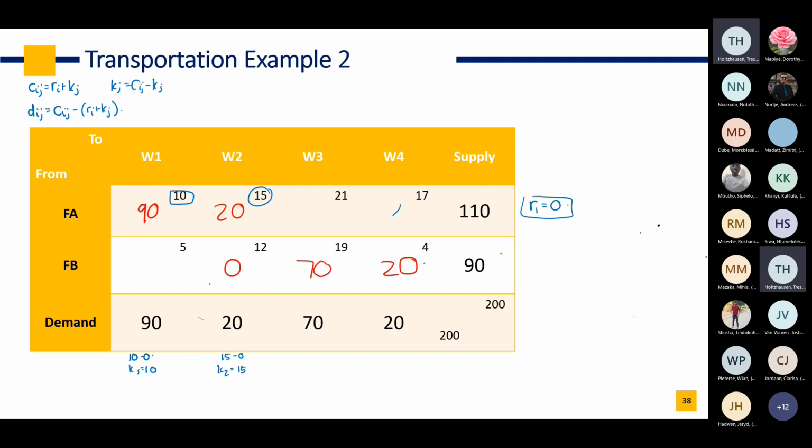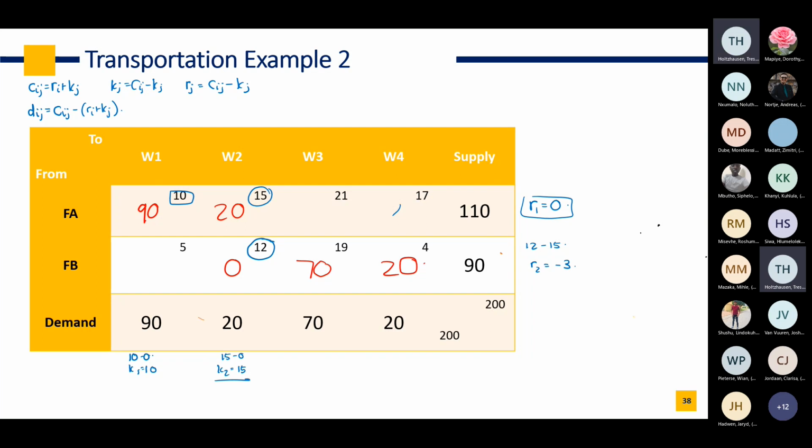We move down, and the fact that that 0 is there means it's a basic variable now, which means we do use it. So we can use that 12, and we can use that K to work out that R. So we have R, the subject of the formula, is Cij minus Kj. So that is 12 minus 15, and that's going to give us R2 is equal to minus 3.